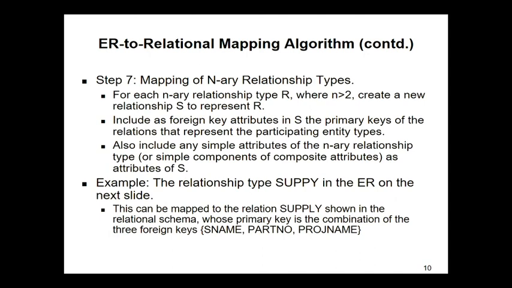All right, so the idea they have on this one is an n-ary relationship. This is where we have more than 2. Again, you're going to create a whole new relation to handle this one. And what do we know if it's a 3-way?